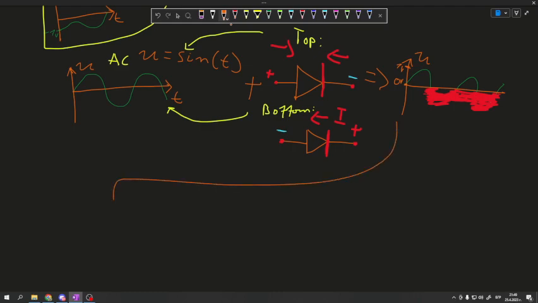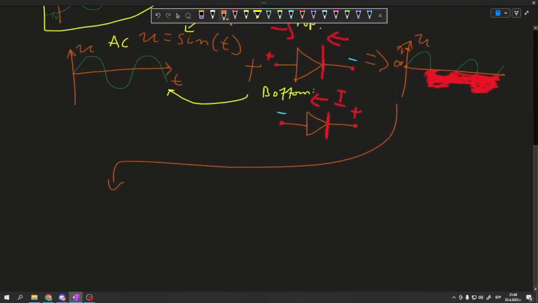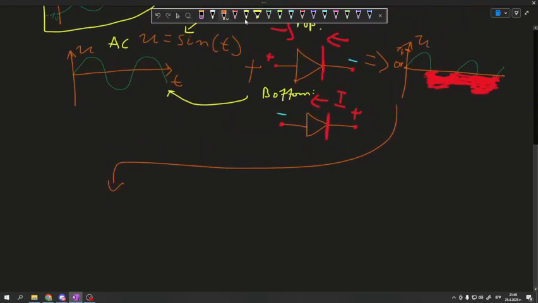It will look something like this. I'll leave the AC here. I think you can figure it out on your own. You can pause until I draw it and think about how it will look if we remove the bottom part. Voltage. It will look something like this.